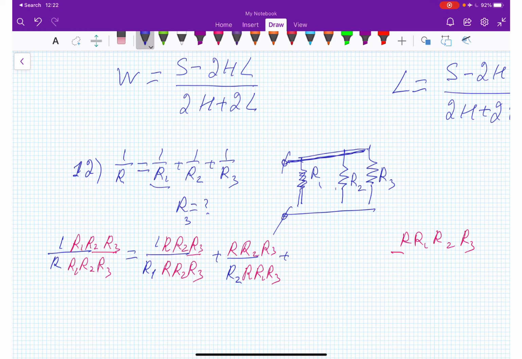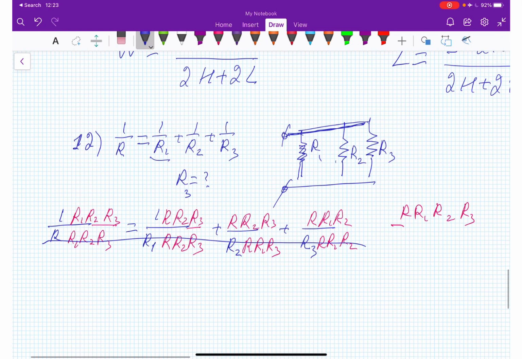And then plus I have R3. So I'm missing what? R, R1, R2. Okay, let's check. Do we have the same denominator across the equation? Yes. So I'm dropping all this. And what do I have?